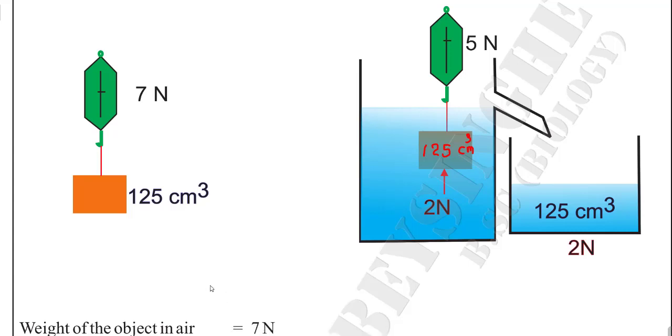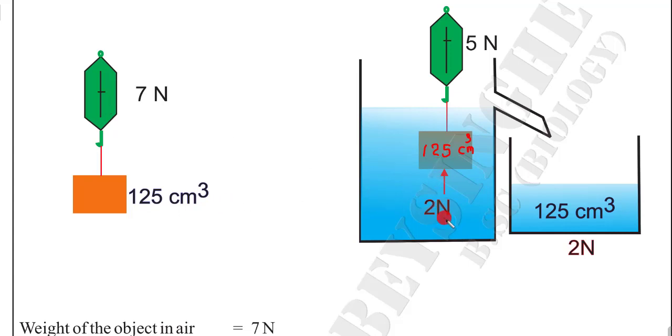Still we are explaining what we did last week. This object weighs 7 Newton. Its volume is 125 cubic centimeters. We immerse it in the liquid. In that case, the displaced volume of water equals the volume of the object, the same 125 cubic centimeters. The earlier weight was 7.